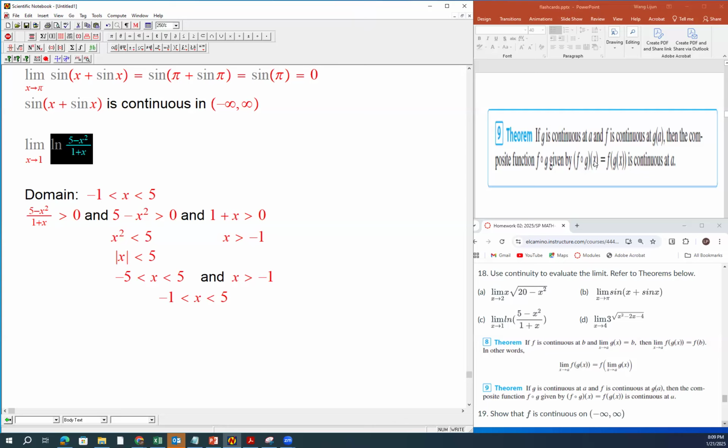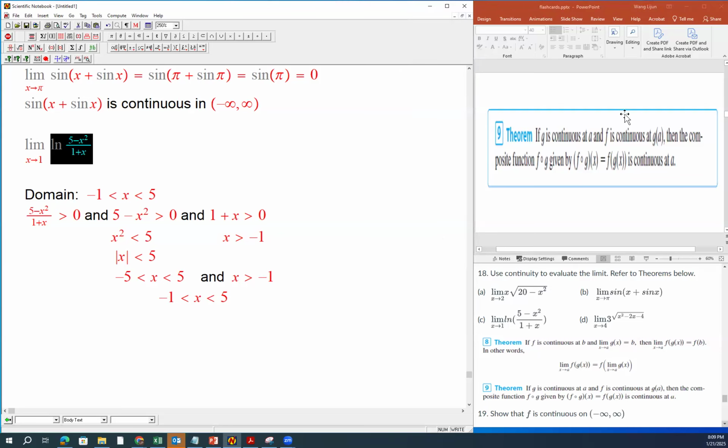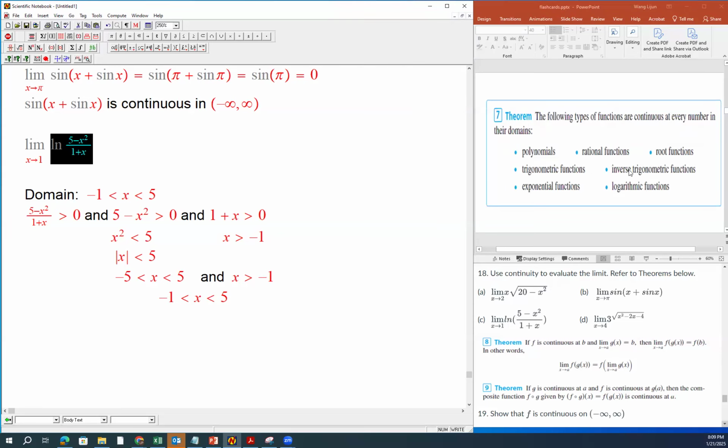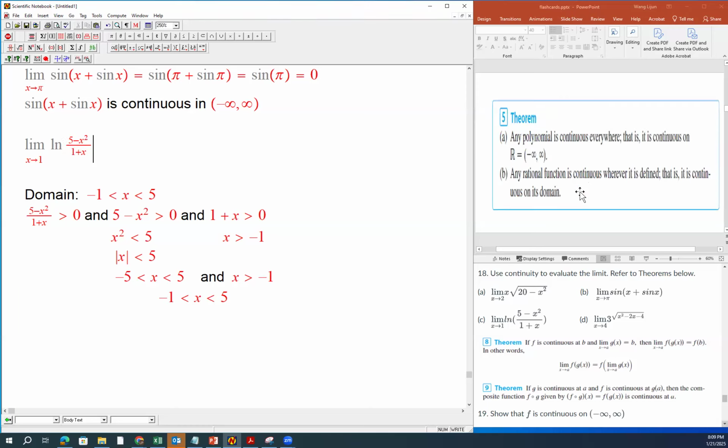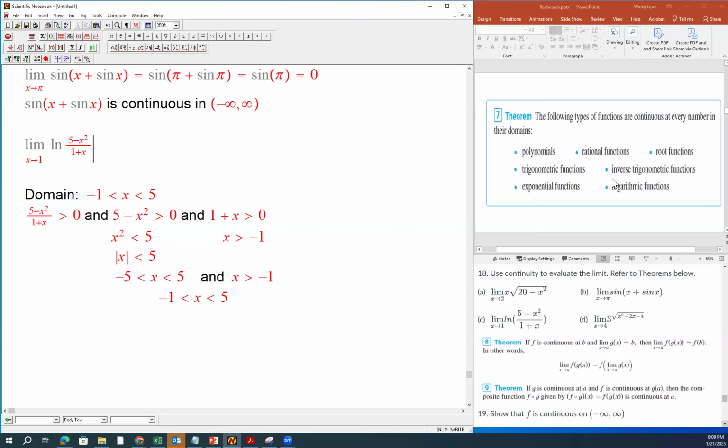both are continuous in their domain, right? So we use these properties: the logarithm function is continuous in its domain, the rational function is continuous in its domain, and the quotient of two functions is continuous in the domain. We use multiple theorems at the same time, right?